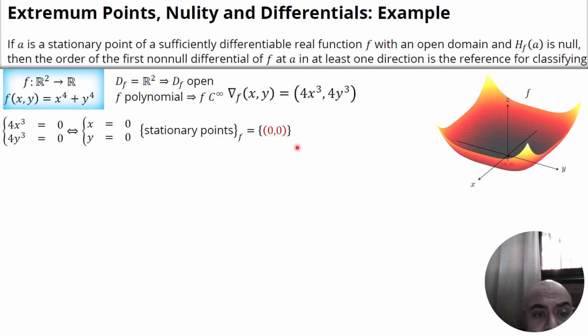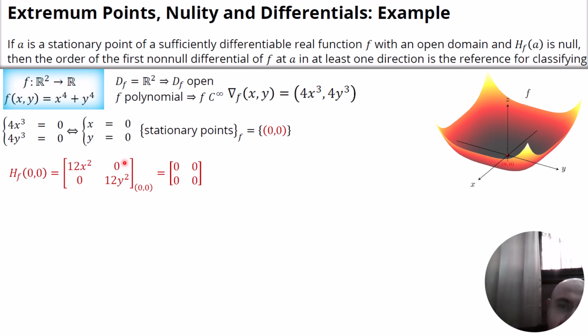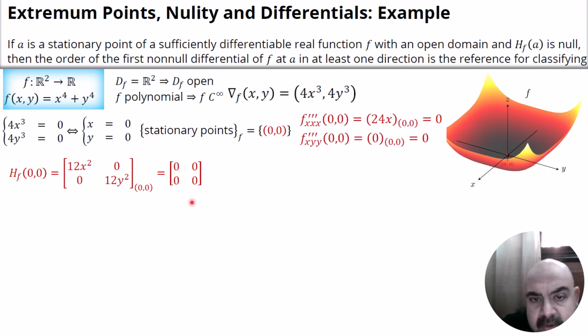We'll get the Hessian matrix in order to do this classification, which is going to be 12x squared, 12y squared. Once you substitute the stationary point in this Hessian matrix, the problem that we are talking about happened already, and the determinant is equal to 0. Now we will go for the third order derivatives.